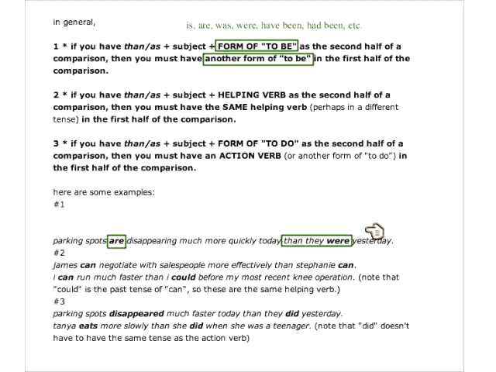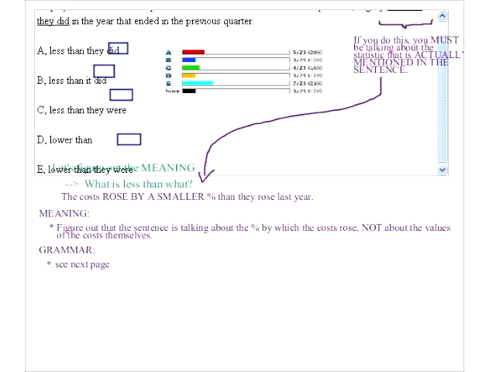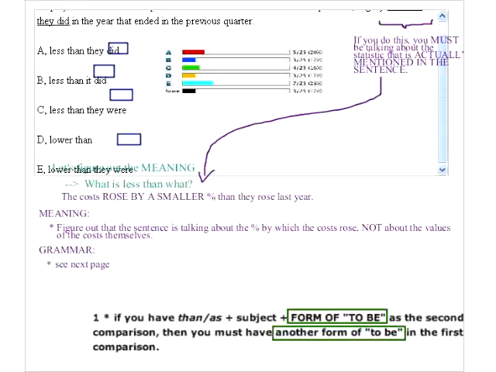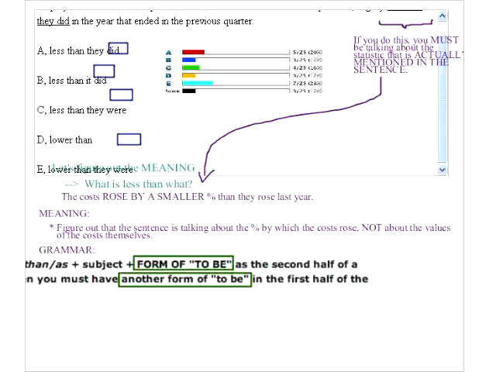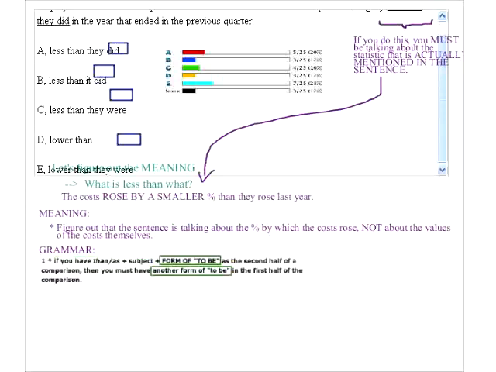So if we take this principle and go back to this problem, let's see if that works. Well, here's the principle. I'll make it a little bit smaller so it fits on the page. These are forms of 2b. Were is a form of to be.